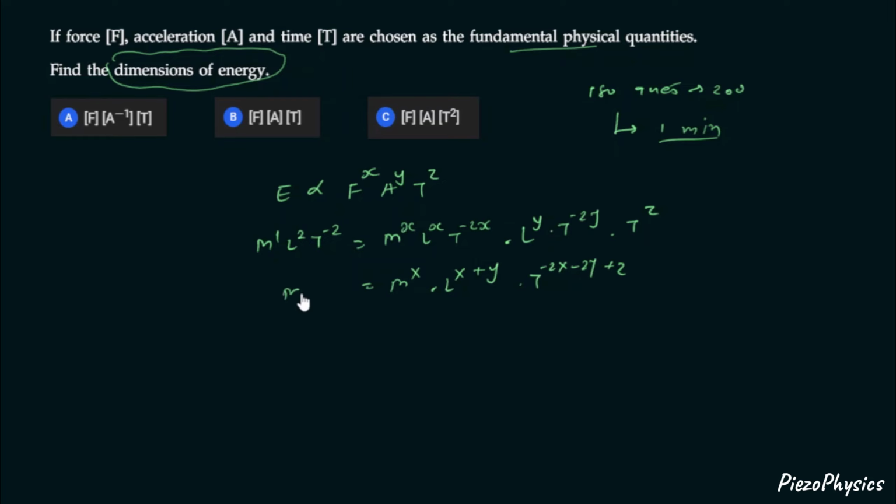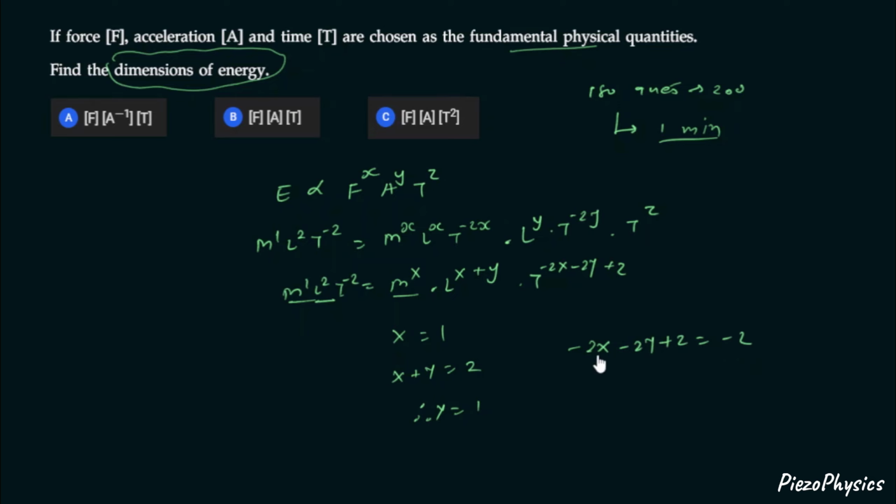So here we have M1 L2 T minus 2. So M power x, and here we have M power 1, so x will be equal to 1. Here we have x plus y equals 2, with x equal to 1, so y will be equal to 1. And minus 2x minus 2y plus z equals minus 2.